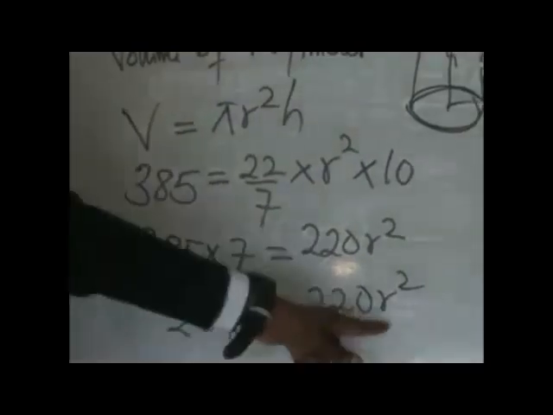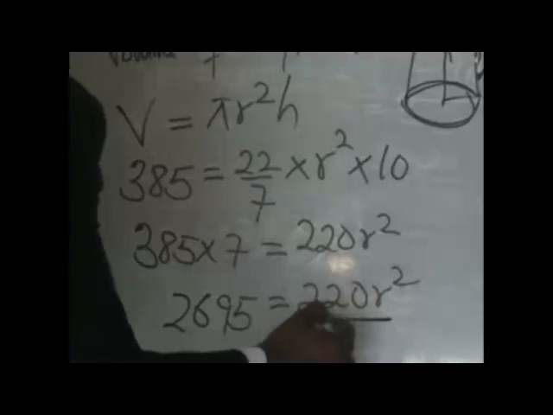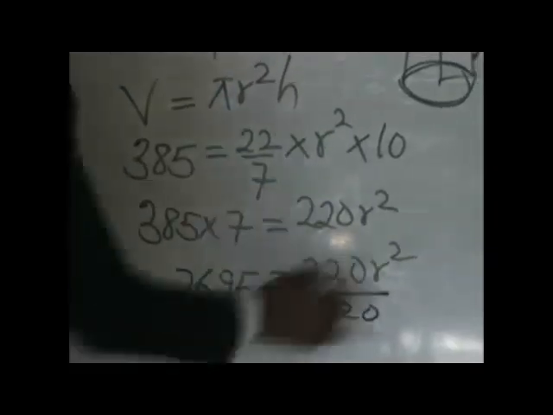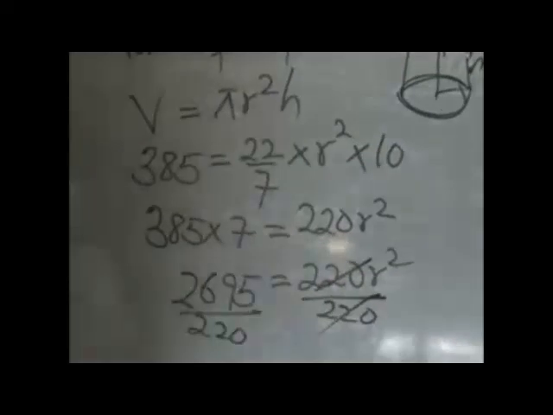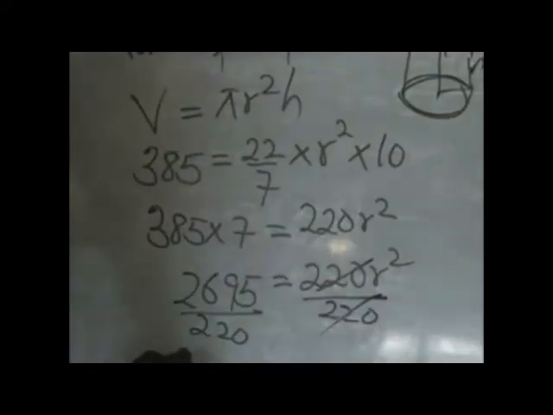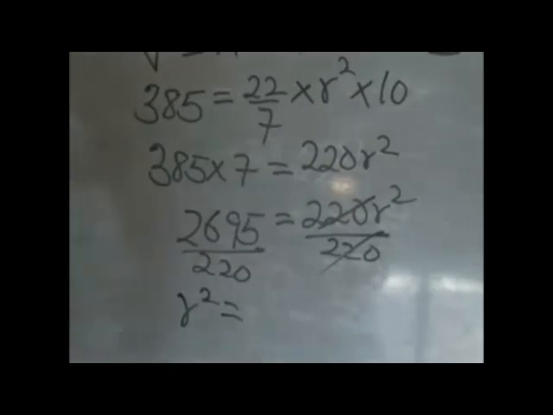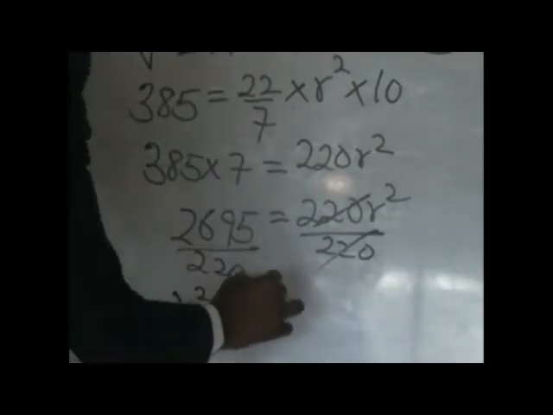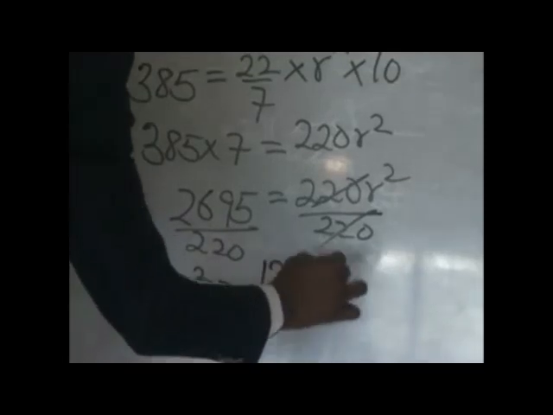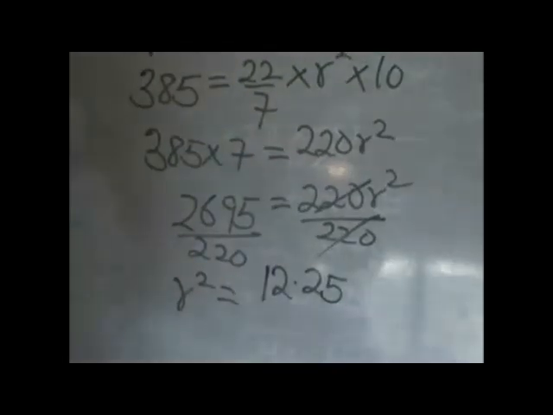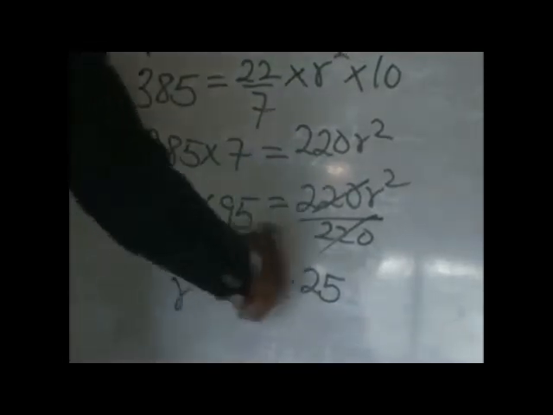In order to get your radius, divide both sides by 220. 220 cancels 220, leaving r squared. Now 2695 divided by 220 will give you 12.25.